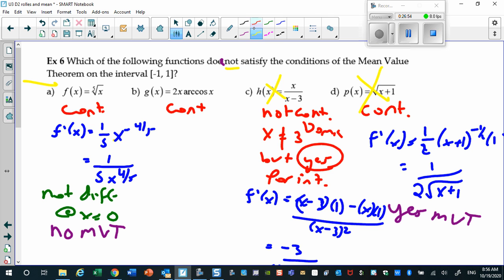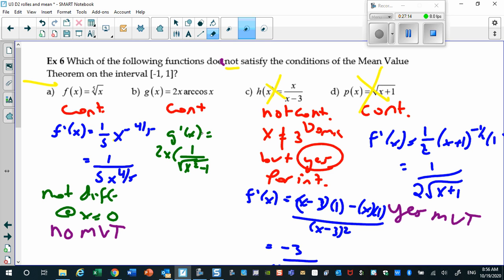And this one is going to be product rule. G prime of x equals the first times the derivative of the second. X squared minus 1. No, 1 minus x squared. I did it backwards. Plus the second times the derivative of the first. Think about the arc cosine of x. For what angle does cosine equal 1 or equal -1? And the answer is I can get both of those out.